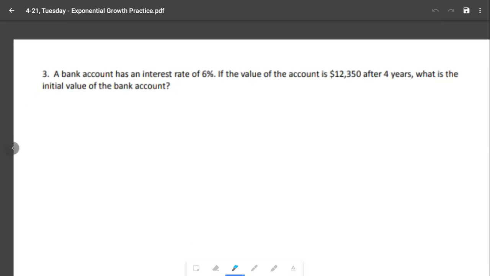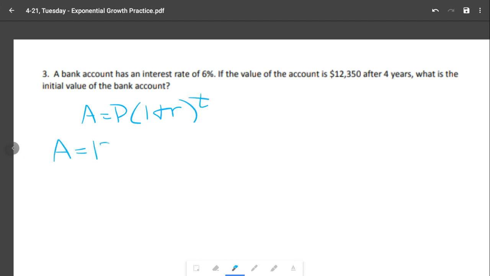And last, question 3. A bank account has an interest rate of 6%. If the value of the account is $12,350 after 4 years, what is the initial value of the bank account? So here's my formula.